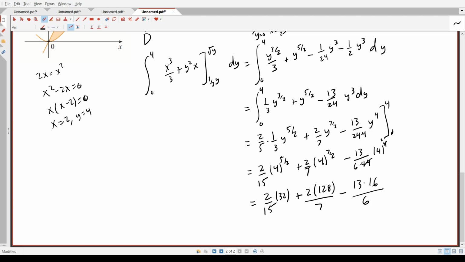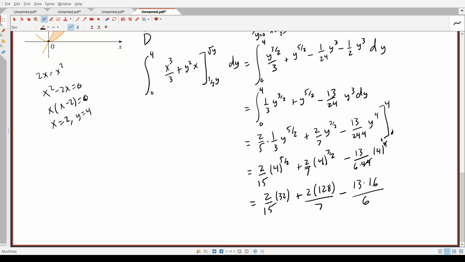Equals calc. Okay, and so over in the chat you can see the approximate answer because I'm not going to work those fractions out.